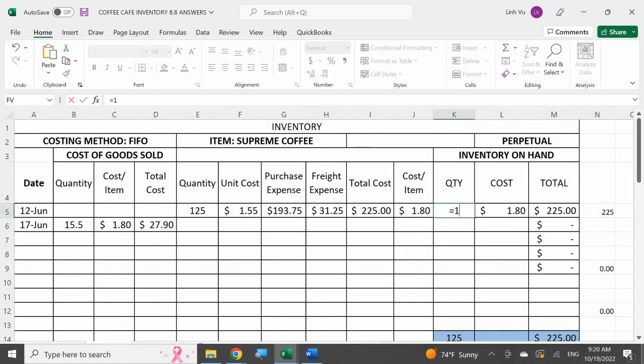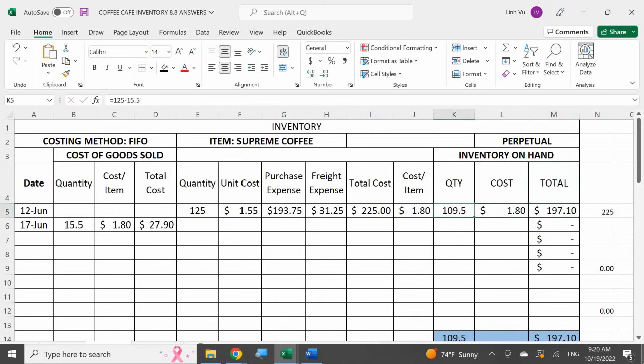How many pounds should you have left? 109.50. 109.5, okay.